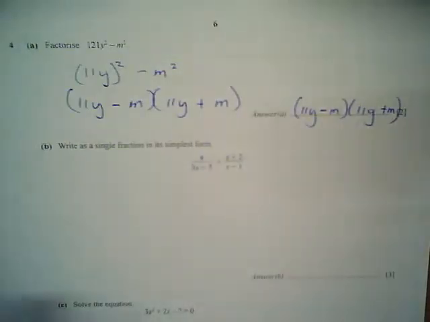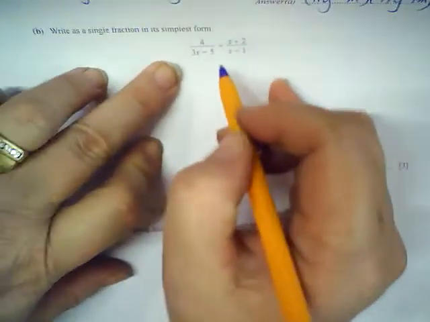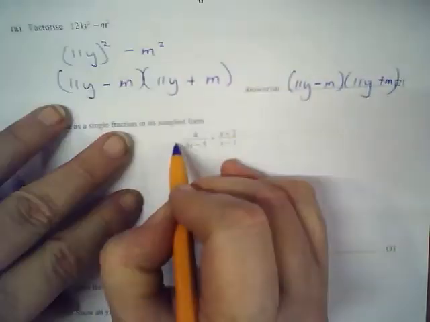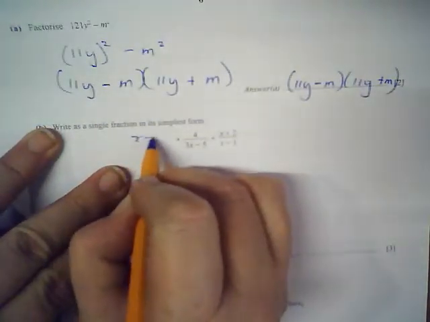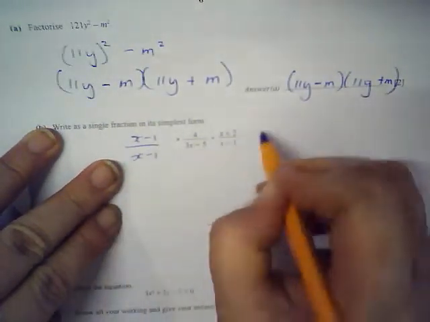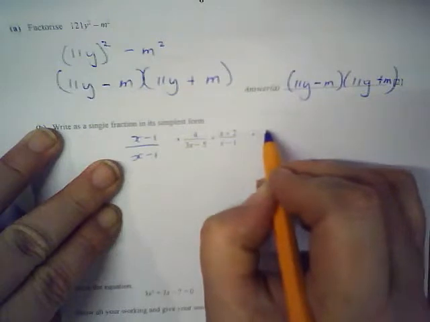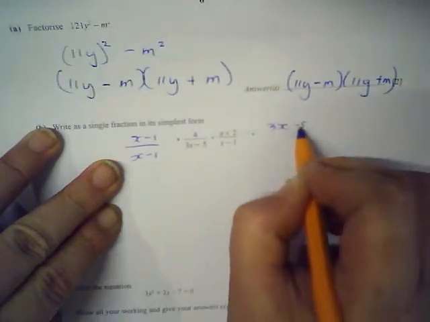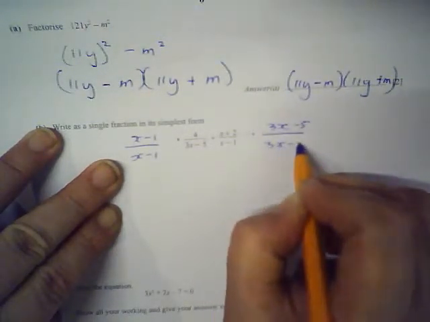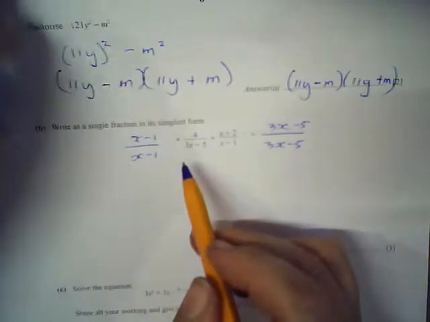Good. Now the next question, we have to also write this as a single fraction. I'm going to start off by multiplying on this side with x minus 1 over x minus 1, and multiplying on that side with 3x minus 5 over 3x minus 5. So this is just a fancy one.